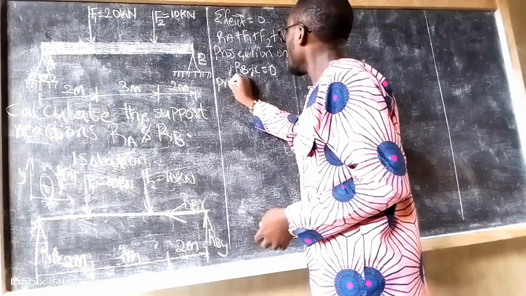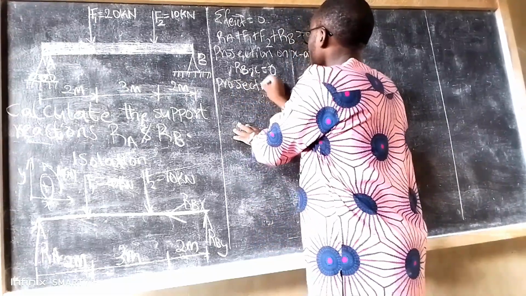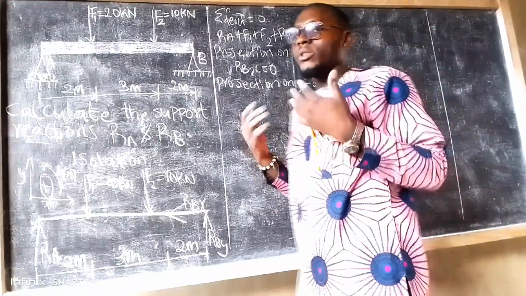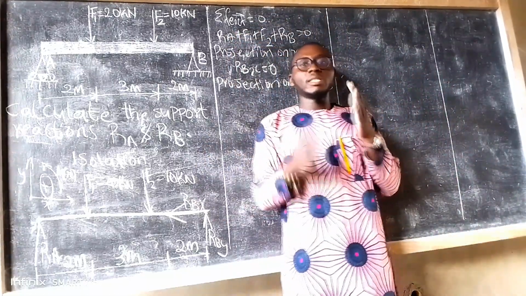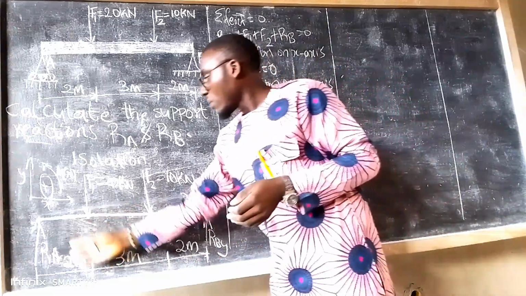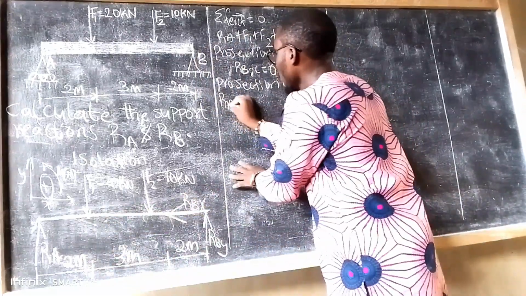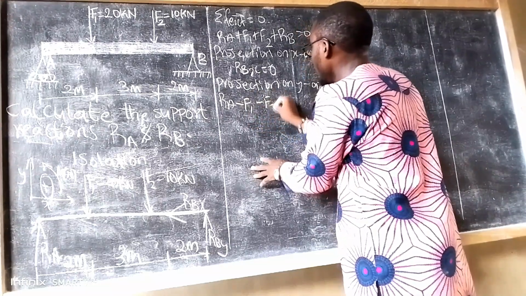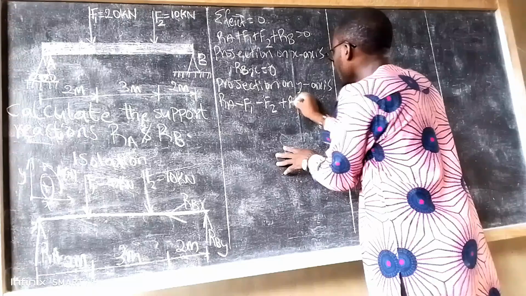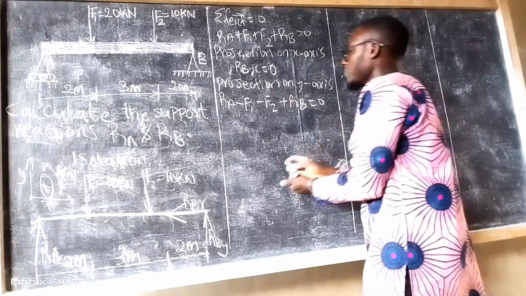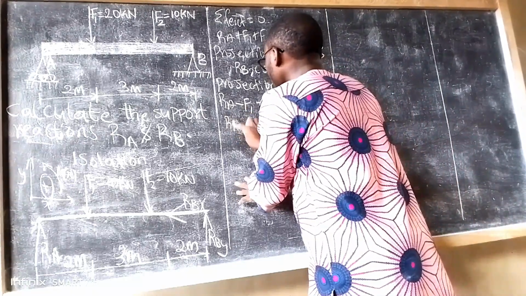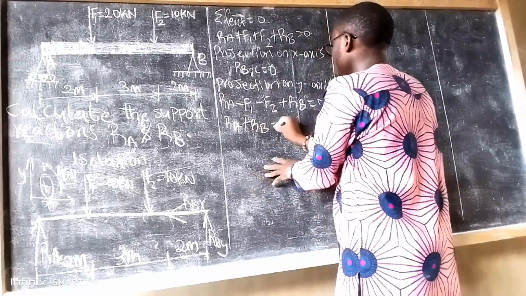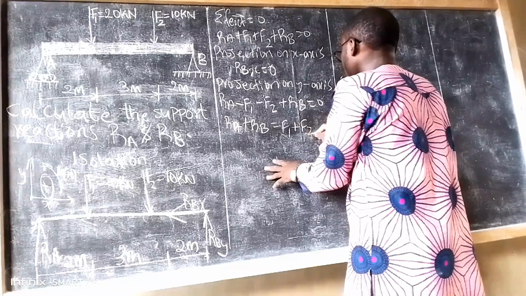Now we move to projection on y-axis. When we talk about projection on y-axis, we simply refer to those forces that act vertically. So on our beam, we are going to have RA minus F1 minus F2 plus RB equals to 0. So we make RA and RB the subject of our equation: RA plus RB is equal to F1 plus F2.